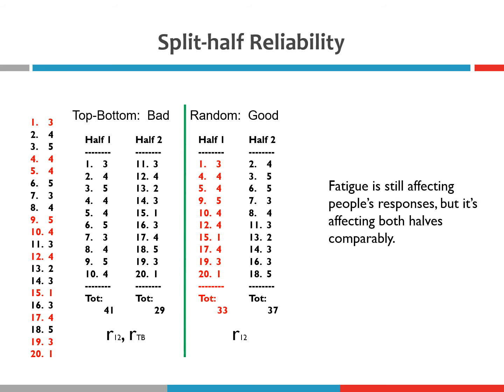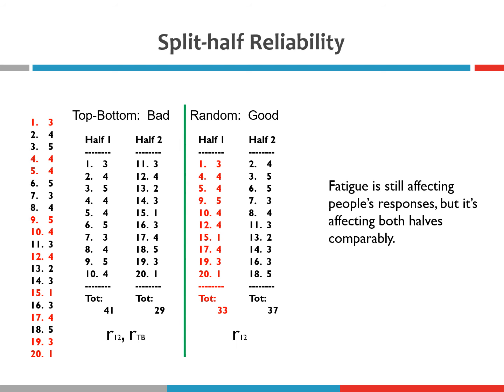What that would do is it would mean we've got fatigue still affecting people's responses, but it's affecting both halves comparably, right? We don't have no fatigue in the first half and all the fatigue in the second half.